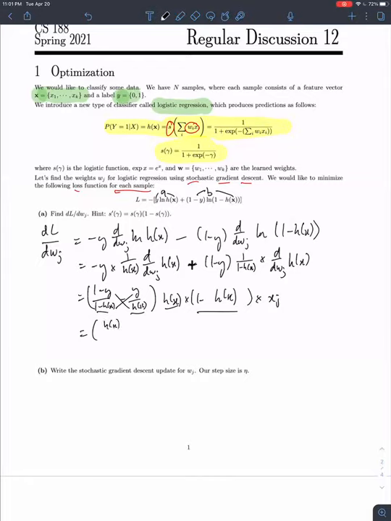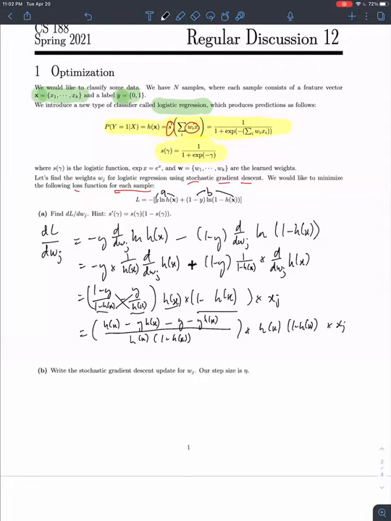So h of x minus y times h of x, that's 1 minus y times h of x. And then minus y times 1 minus h of x is y minus y h of x, divided by h of x times 1 minus h of x, times h of x 1 minus h of x times xj.